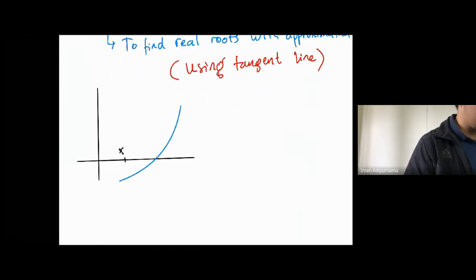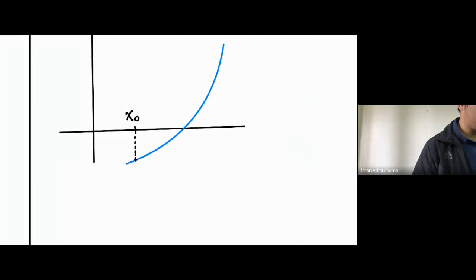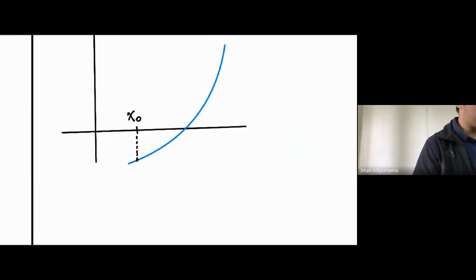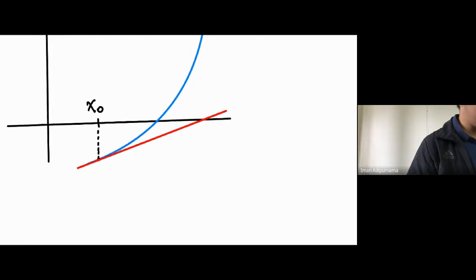So let's say this is x0. Approach until this point in the function, and then I will cut the x-axis with the tangent line from this point. That's my tangent line, and I will get the second x, which is x1.